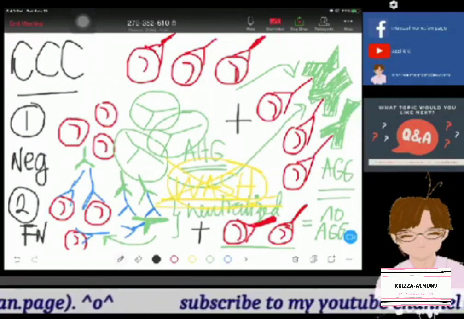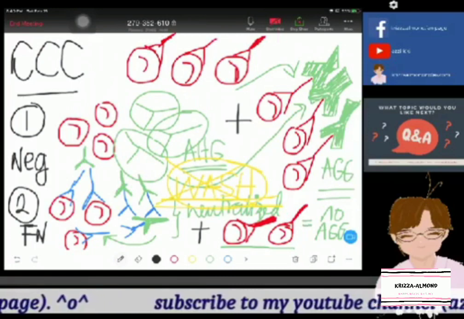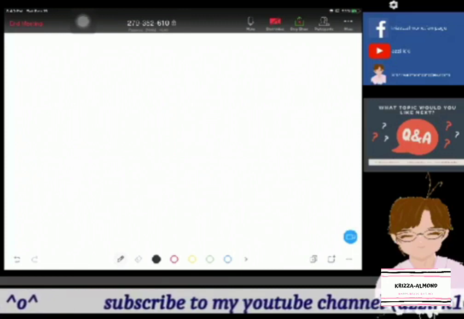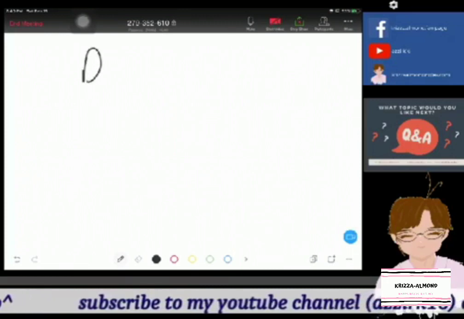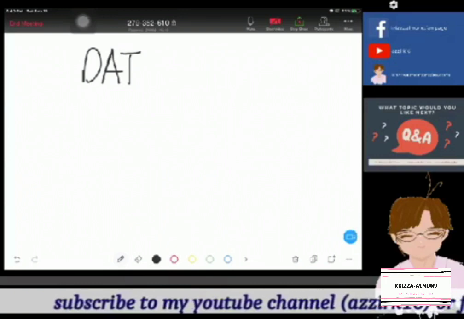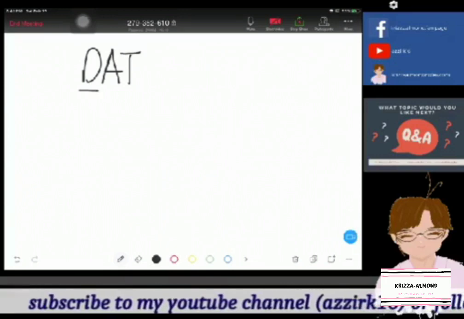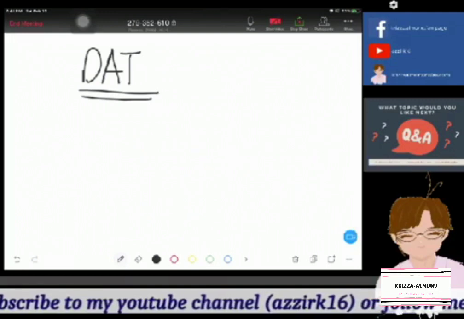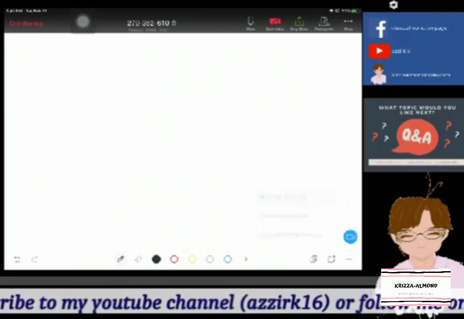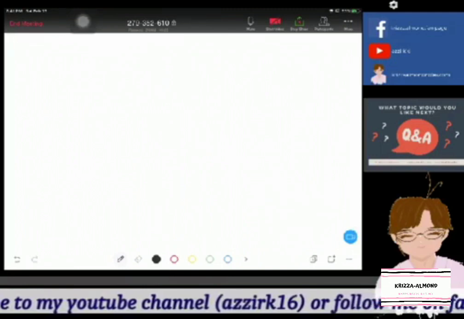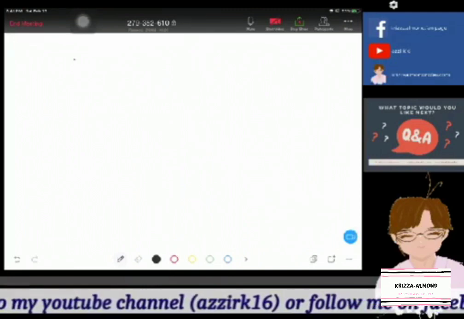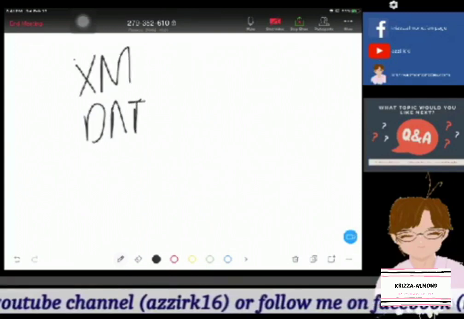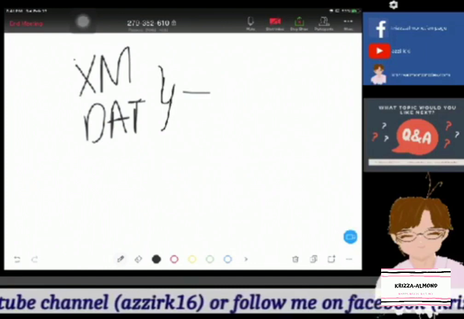Ang usual scenario dito in the exams is ganito. Itatanong sa'yo, upon doing, for example, cross-matching o kaya direct antiglobulin testing or indirect antiglobulin testing, sa umpisa negative ka.